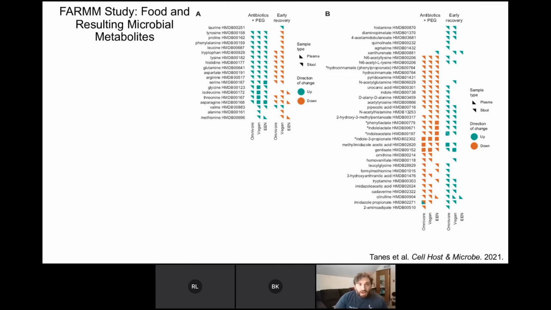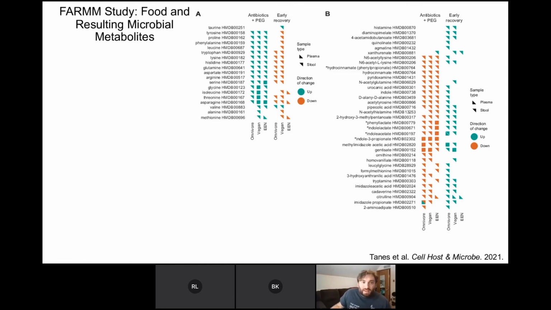So beyond those broad observations, what we can do is focus in on specific groups of metabolites. And based on our microbiome and previous observations, we focused on amino acids and amino acid metabolites that are produced by the microbiome. And so just to orient you here, what we're looking at is untargeted metabolomics data from amino acids in panel A and amino acid metabolites in panel B. And here we've shown the changes in the antibiotics PEG intervention and in the early recovery stages by group.